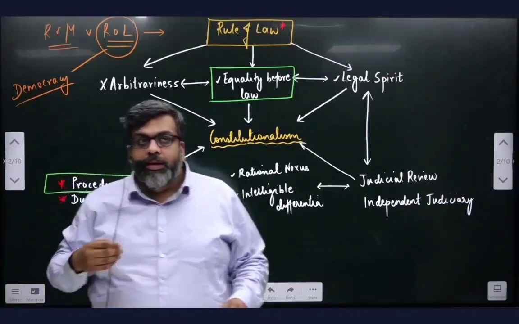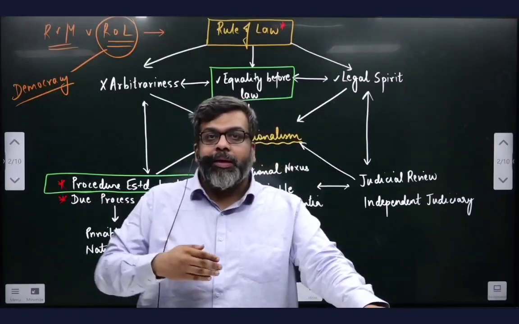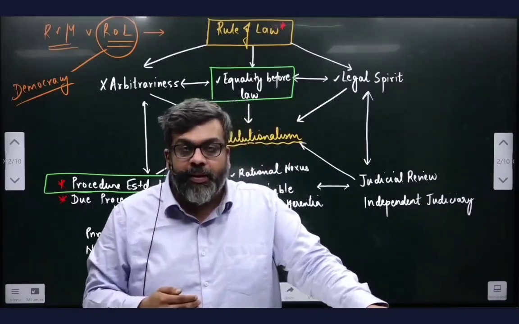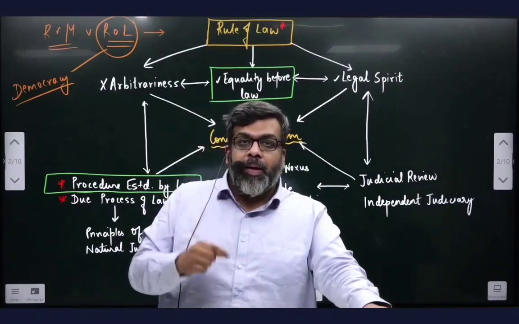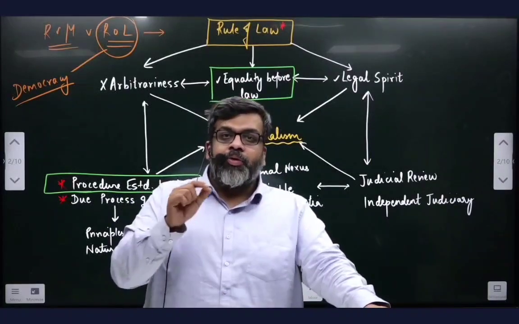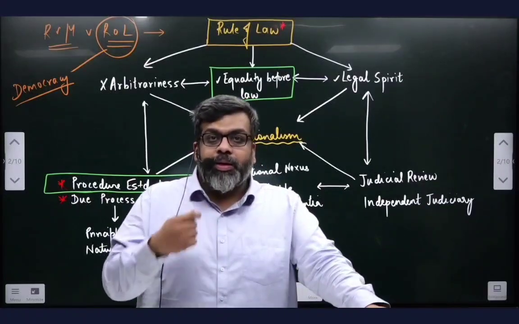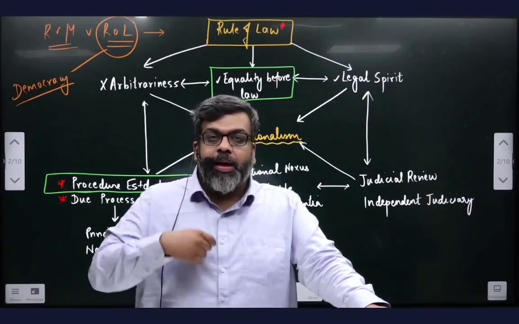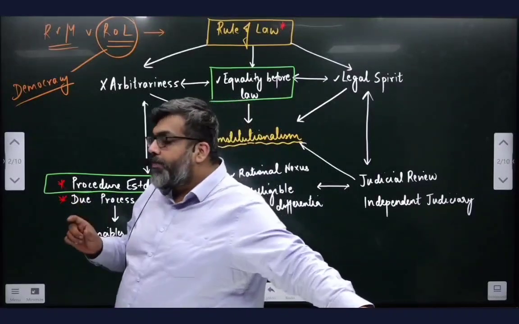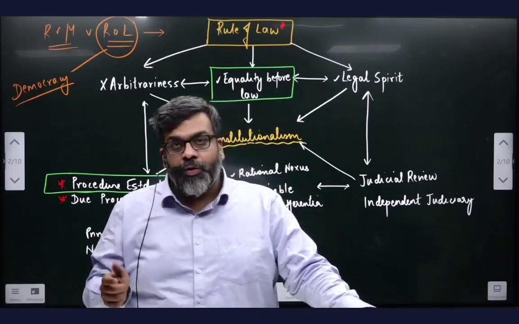If democracy is a reflection of public will, if democracy is about ensuring that the aspirations of the people are reflected in the government, if democracy is about the people choosing the people who will govern them, then rule of law ensures that the people in power do the right thing in the right way, in the right manner, for the right reasons. And that is why there is a positive correlation between democracy and rule of law.